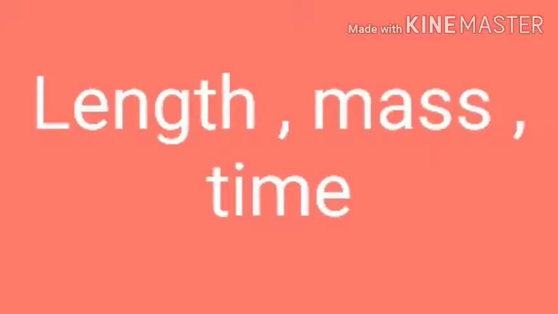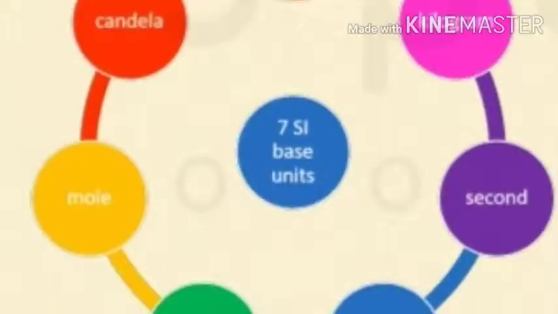Length, mass and time are the basic physical quantities, but in SI units we consider 7 fundamental units. The basic or fundamental units are considered to explain all types of derived units, but in critical cases we can see these three fundamental units cannot solve all our requirements.